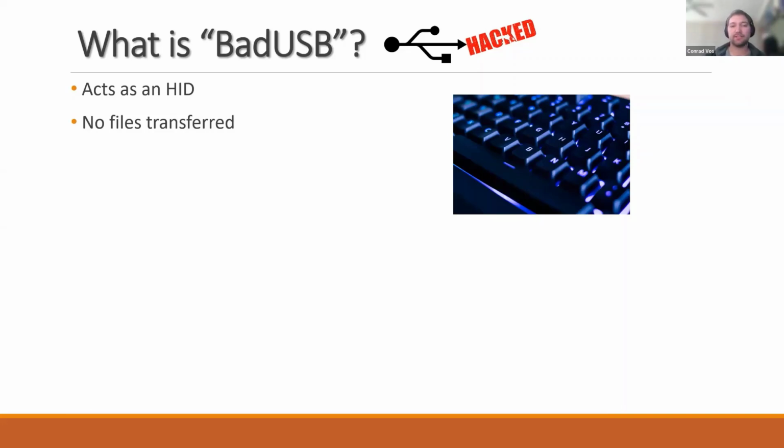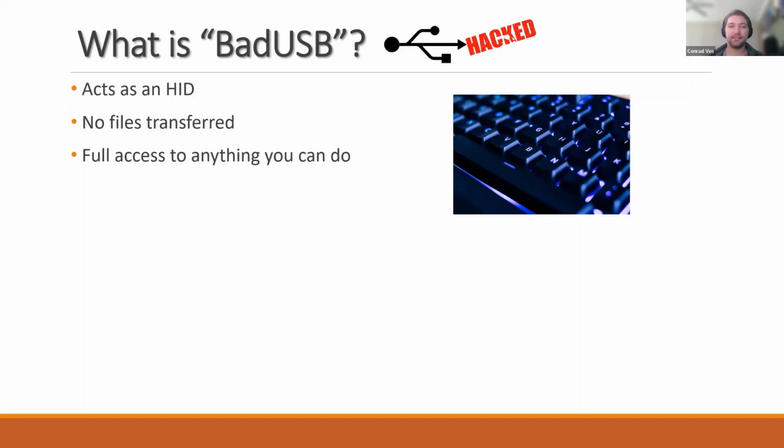So when the device identifies itself as a keyboard input device, it will receive everything it needs from the computer, and then it can essentially just do whatever it wants to your computer. It can do anything you can do with your keyboard, by itself.